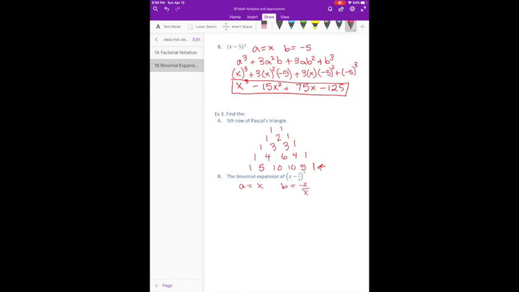Okay, so for that, we're going to use the fifth row of Pascal's triangle. So we're going to have 1a to the fifth plus the next coefficient is 5. Power of a is going to decrease by 1, so that's going to be a to the fourth. And we're going to have a b because the powers should add up to 5 because n equals 5.